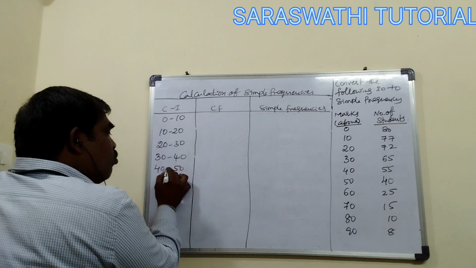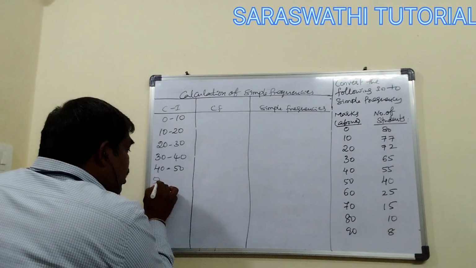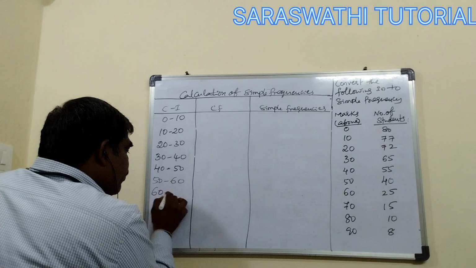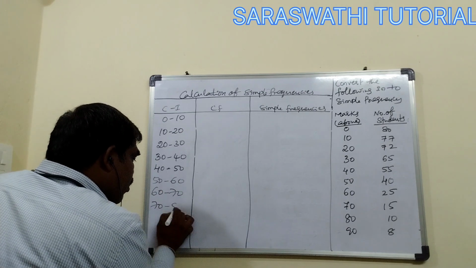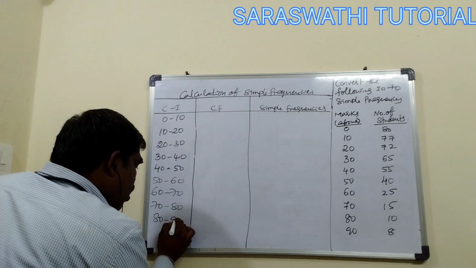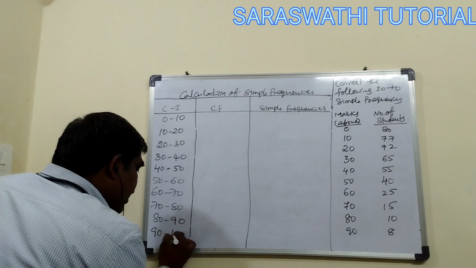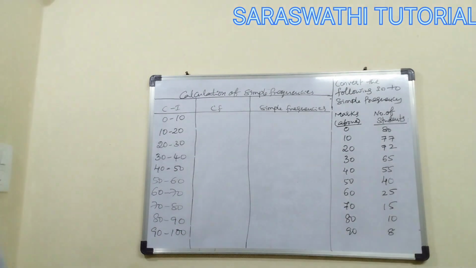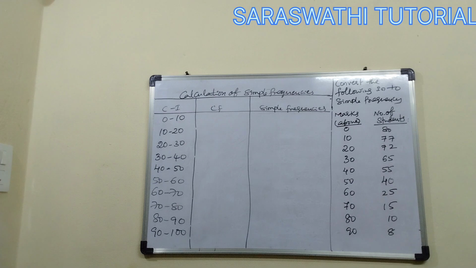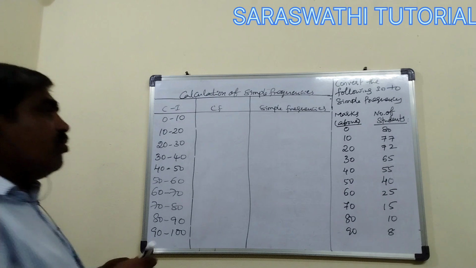Like that, we have to take up to 90 above. So 90 above means 90 to 100. Right?